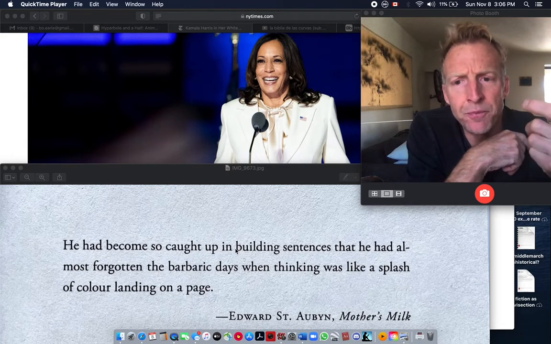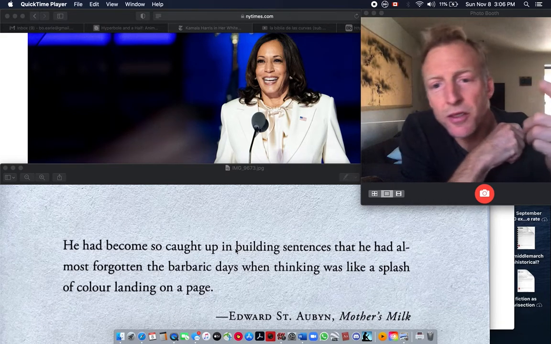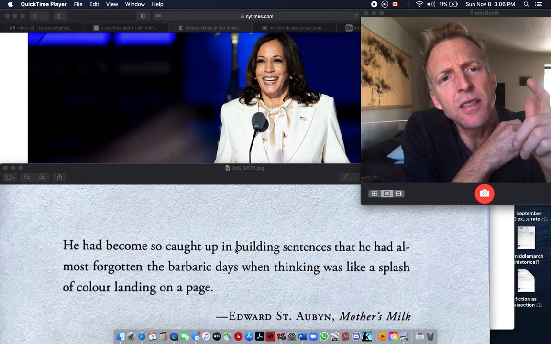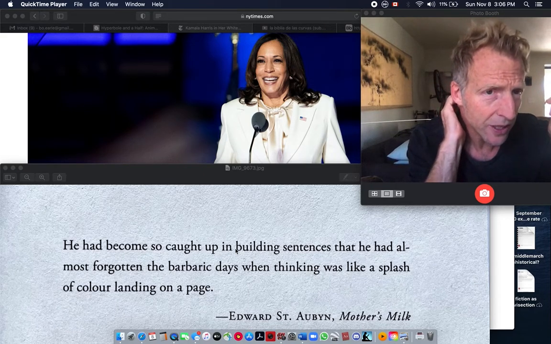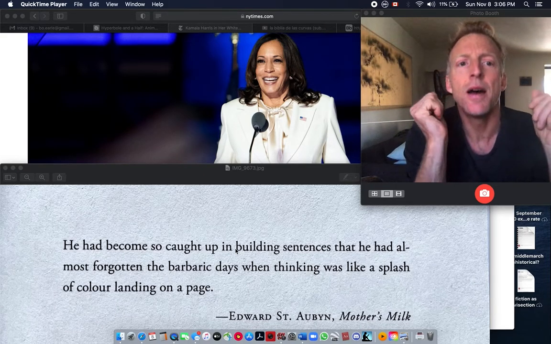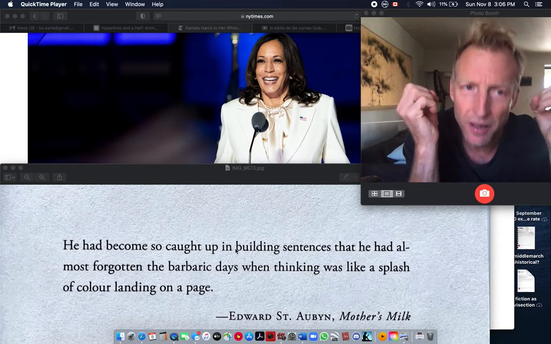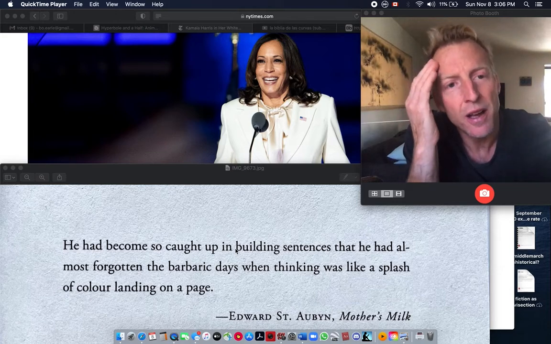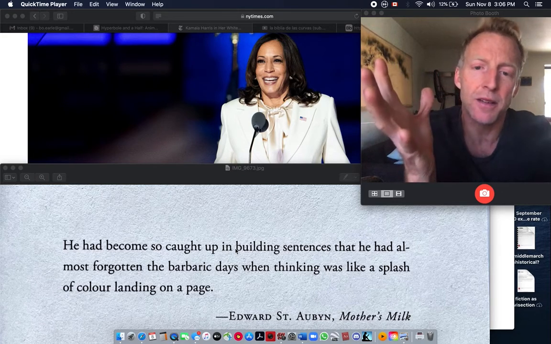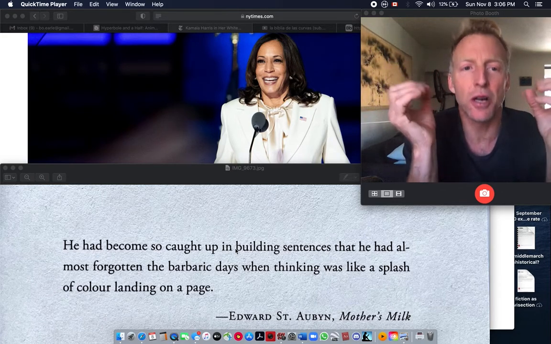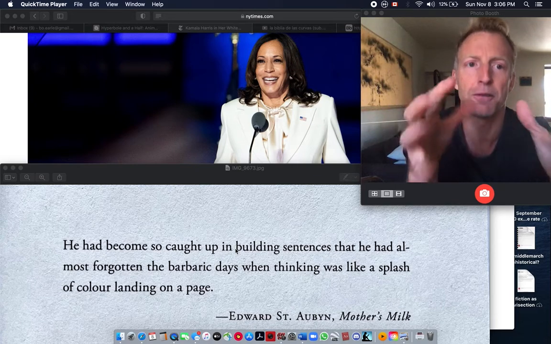So we see a contrast between sentences, building, like manufacturing, versus the kind of vitality of color and the splash, but also the event. The splash of color is an event, like life.